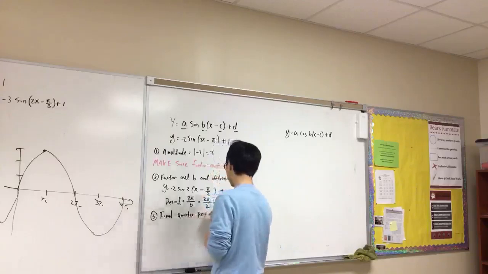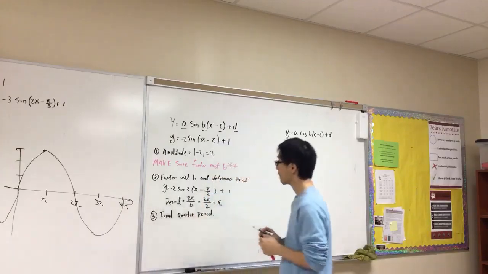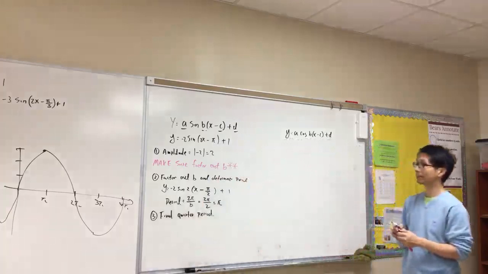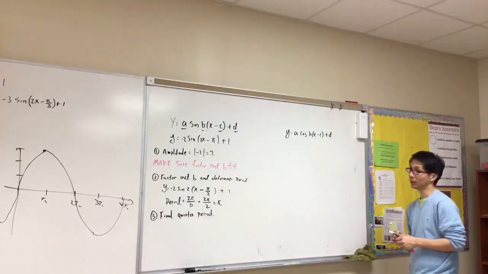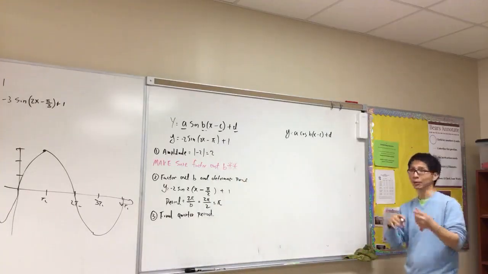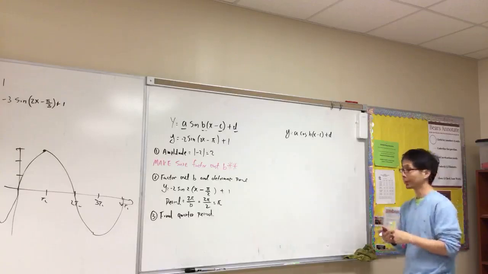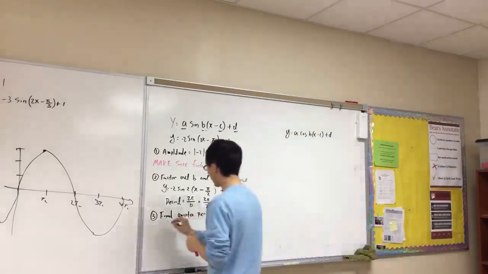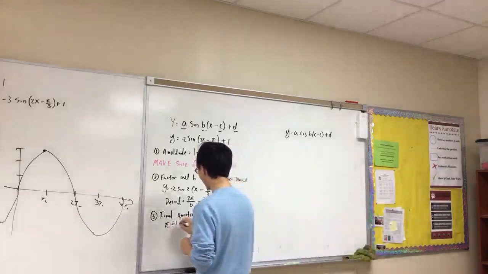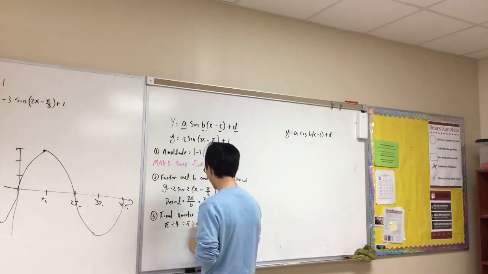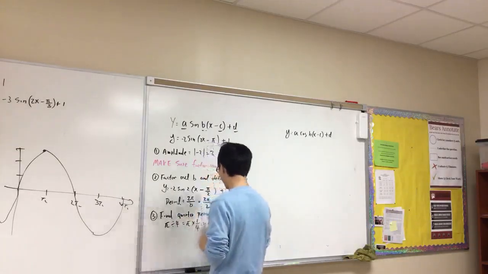Yes, David? I was trying to catch up. Then I'm going to take the period and divide it by 4. So the period divided by 4 is pi times 1 over 4, which is pi over 4.